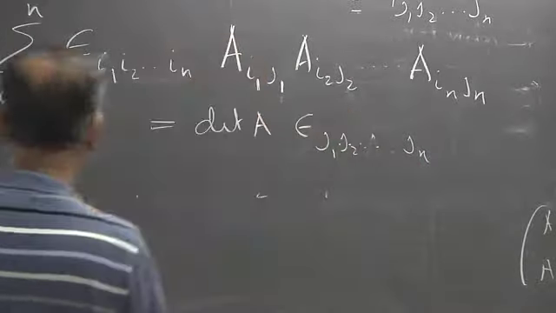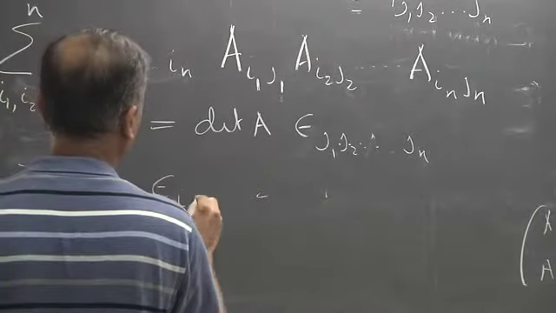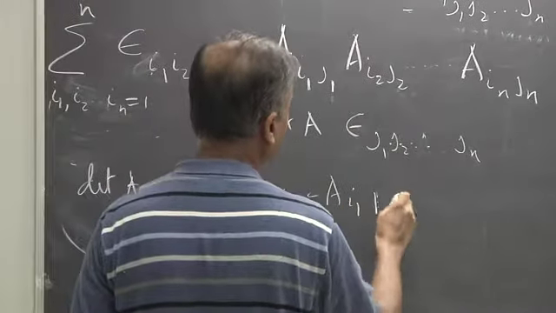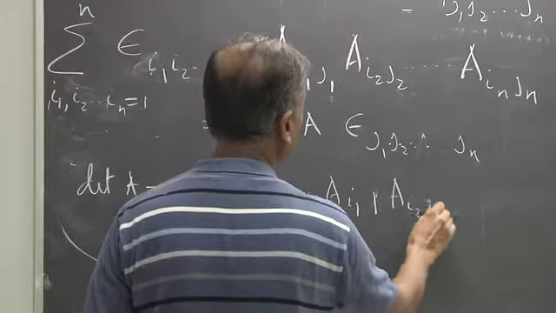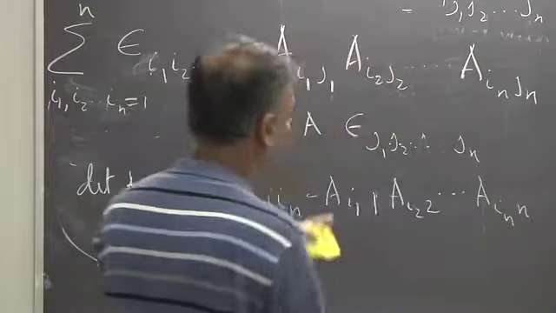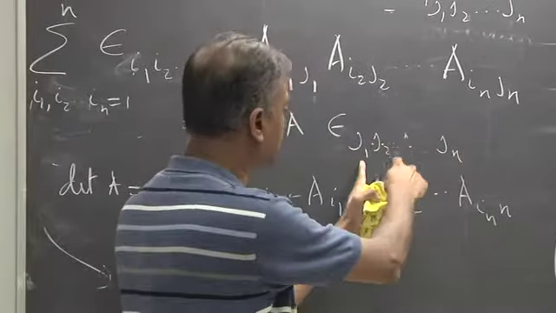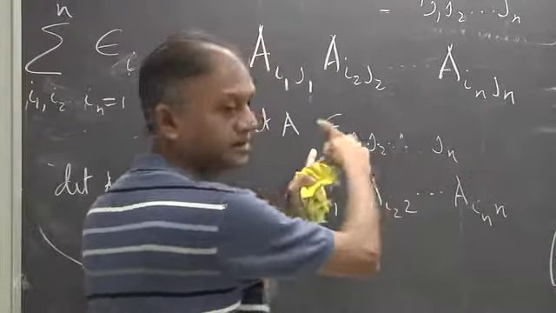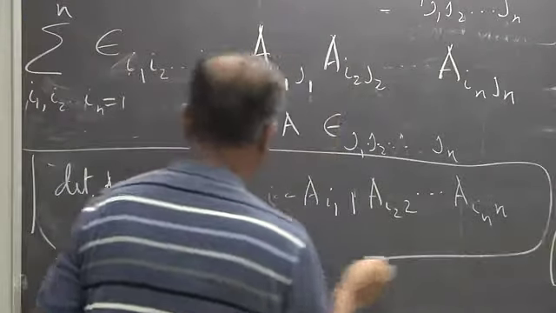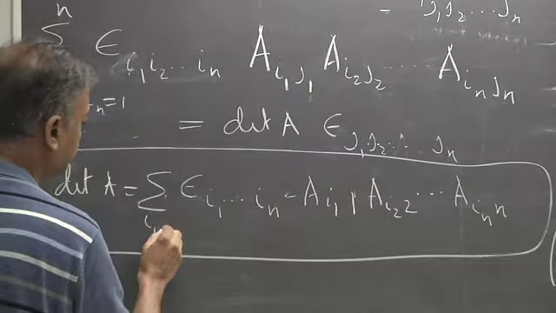So what we are saying, determinant of A, therefore, is simply epsilon I1 up to In, A I1, 1, A I2, 2, all the way up to A In, n. I just took J1 equal to 1, J2 equal to 2, Jn equal to n from this formula and used the fact that epsilon is 1. So you just get this formula, with the summation over all the repeated indices.